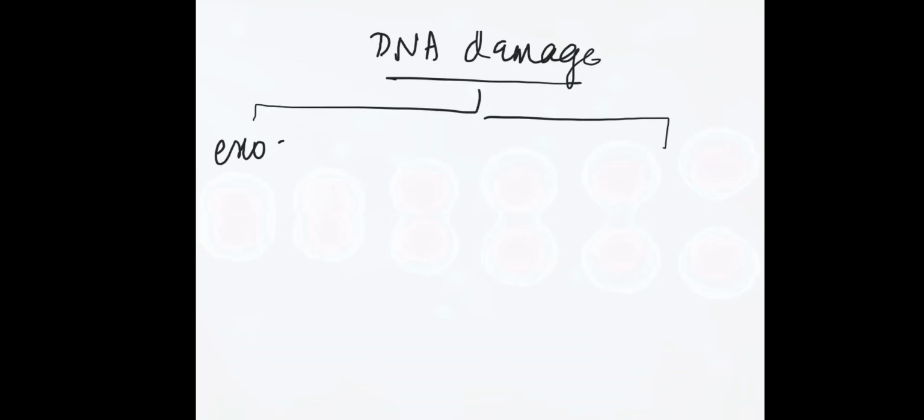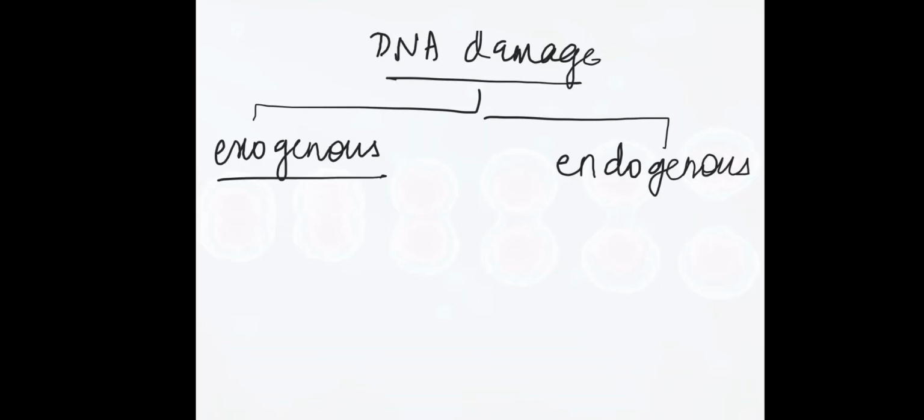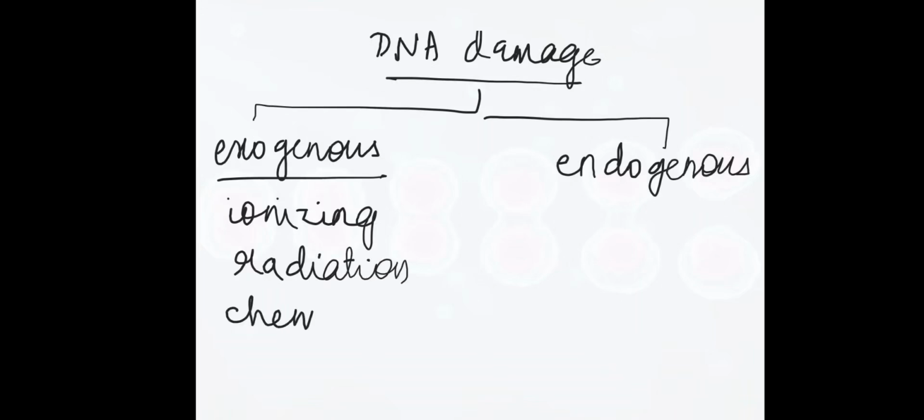Exogenous means the DNA damage is caused by external factors, that may be by ionizing radiation or by chemical mutagens, which are the external factors which cause DNA damage. So that damage may be exogenous.